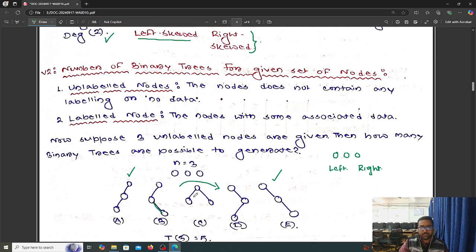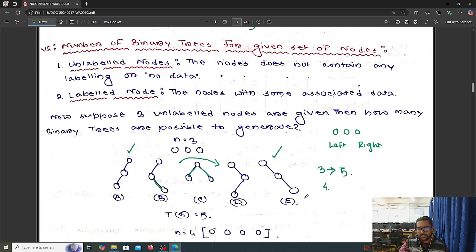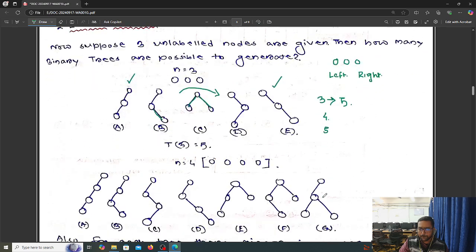Or we can take 2 children of the root. Is there any other way possible? No. Only 5 ways are possible. So for 3 unlabeled nodes, we can make 5 different trees. So what about 4? If we have 4 nodes, how many trees can be possible? Should we draw? Or if we have 5 nodes, how many different trees can be possible?